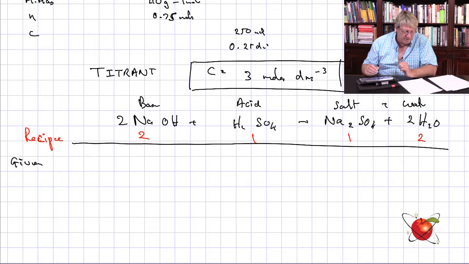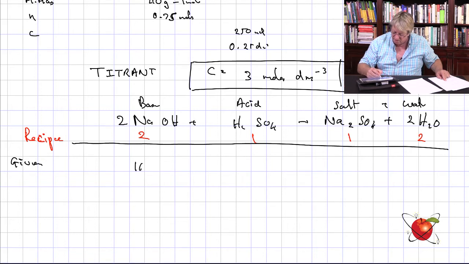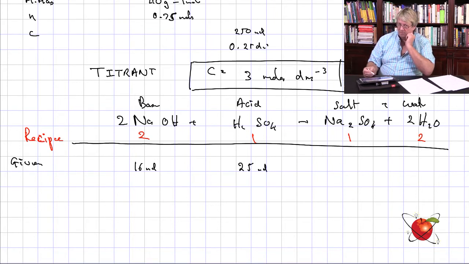Oh, hold on, we've got a bit of an issue here because, let's just check, 16 moles of the titrant. So 16 moles of NaOH was used, correct? We say it neutralized the acid of 25 moles of H2SO4. Okay, that's what we know.